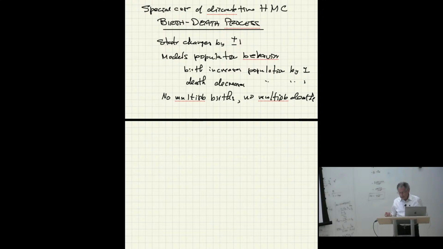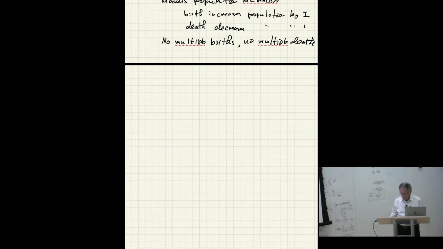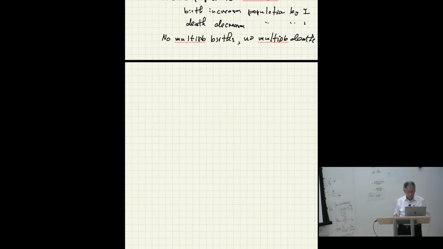We'll account for that later, if you will, in some of our models, but right now we're going to make it simple. So that means that the transition matrix will look like the following. With probability, which I'm going to denote by d sub i, j will be equal to i minus 1, d standing for a death.